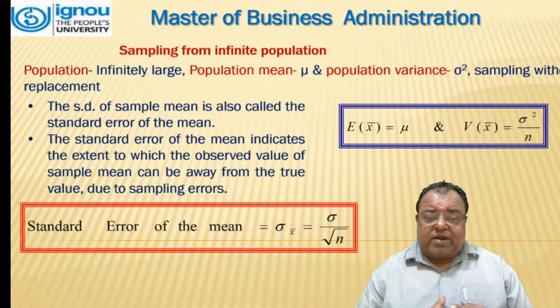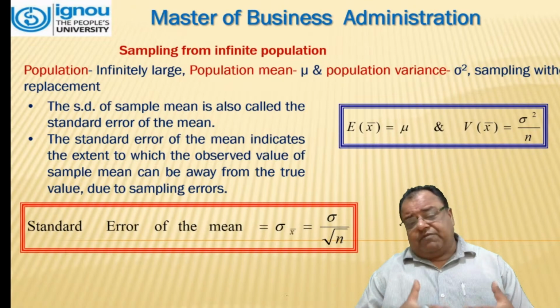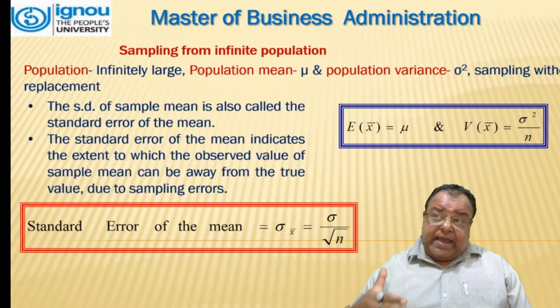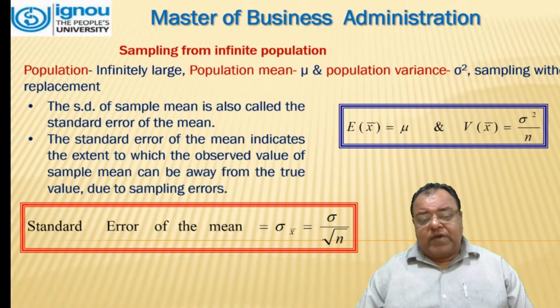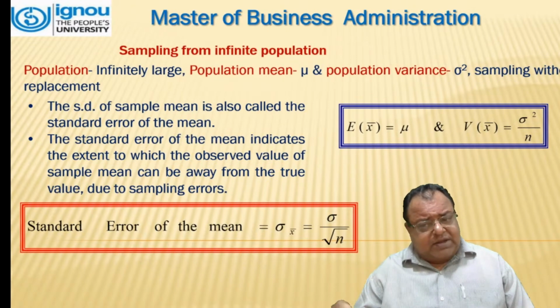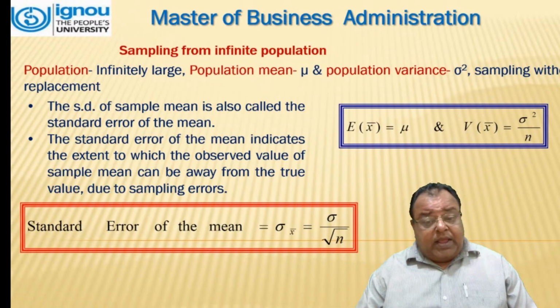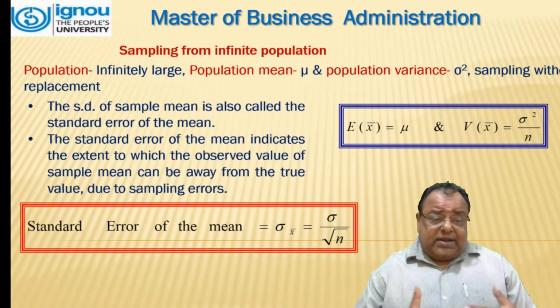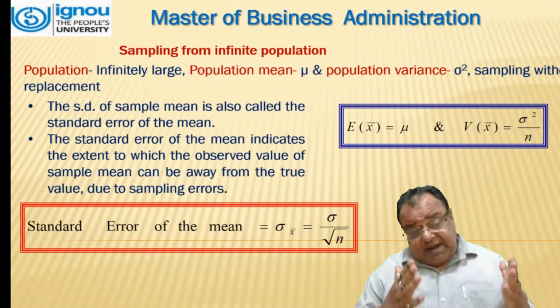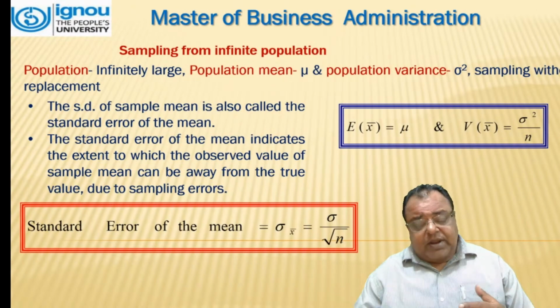The standard error of the mean indicates the extent to which the observed value of the sample mean can be away from the true value due to sampling errors. Mathematically, E of x bar is equal to mu. The variance of x bar is equal to sigma square upon n. As we have already discussed, the standard error of the mean is sigma x bar equal to sigma upon square root of n.